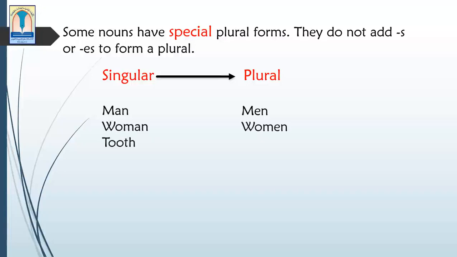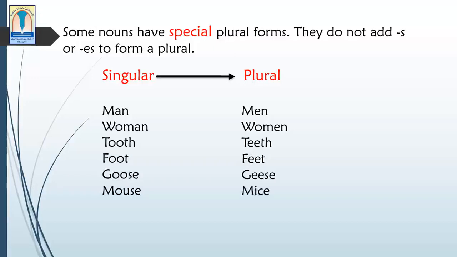Tooth, teeth. Foot, feet. Goose, geese. Mouse, mice. Louse, lice. And ox, oxen. These are irregular nouns that do not need an S to change the plural. They only need to change the word itself.